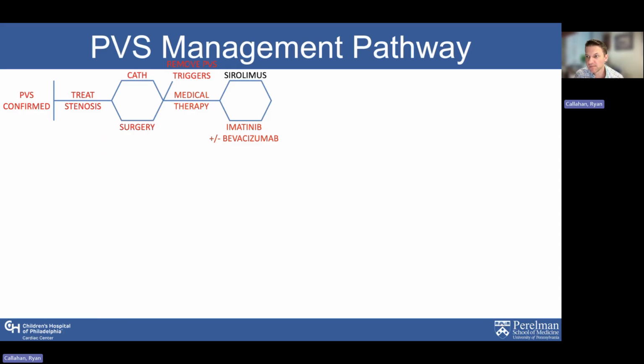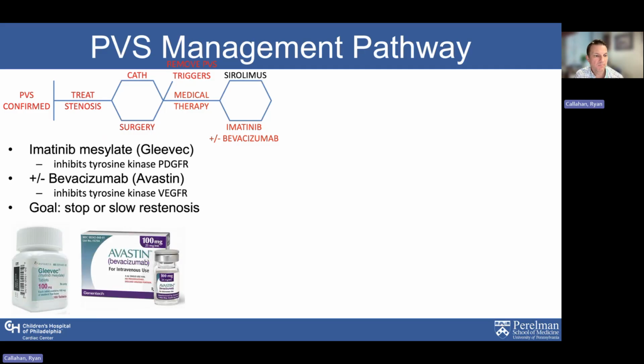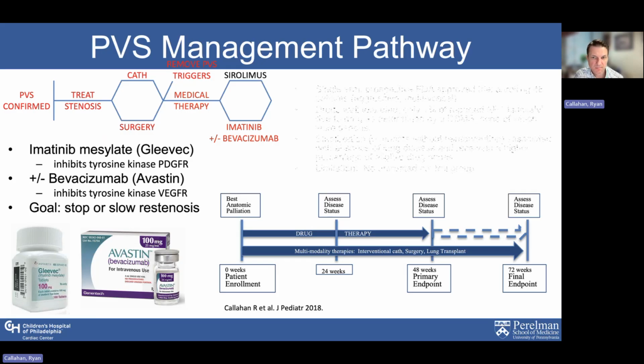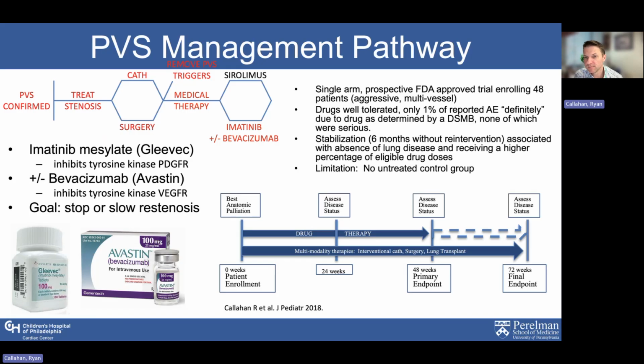And I will tell you that Avastin is the drug that's used the least. But in the initial trial, there was Gleevec and some patients were on Avastin. Essentially, the take-home point from this is that overall the drugs were well tolerated, even though they're essentially chemotherapy, but it's kind of targeted chemotherapy. It's not big gun chemotoxic chemotherapy where the hair falls out and things of that nature, but it's more targeted.